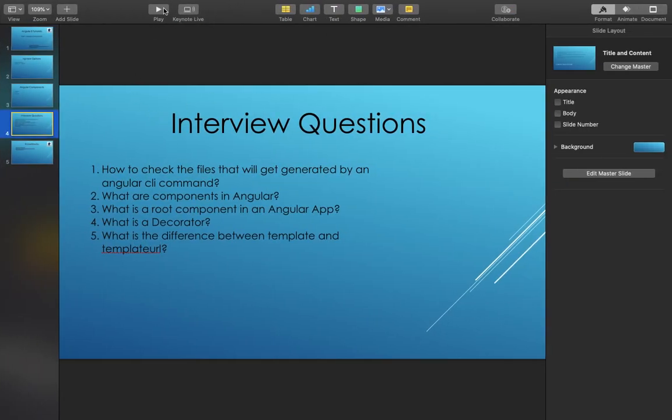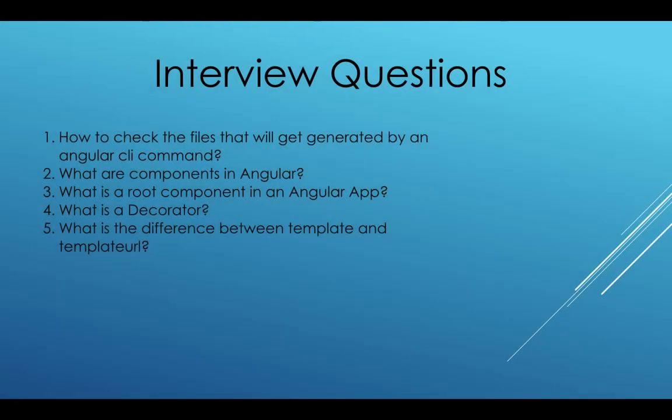And the last question is what is the difference between template and templateUrl? By using template inside a component decorator, you can create an inline template, right? And by using templateUrl you can create a separate HTML file, and give the reference in the component decorator and use it.